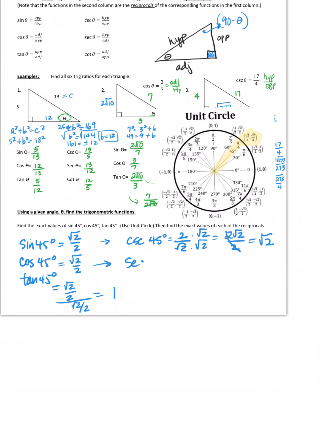What happens when we do this with the secant of 45 degrees? Well, it's the same fraction, right? If we rationalize it, we will end up at the same place of square root of 2 over 2. And cotangent, it's basically 1, and when you flip reciprocal of 1, it's still a 1, right? So that's helpful. And notice I just got that from the unit circle.